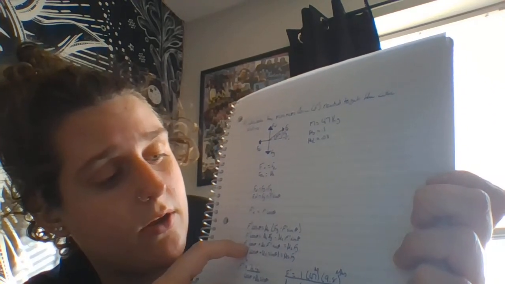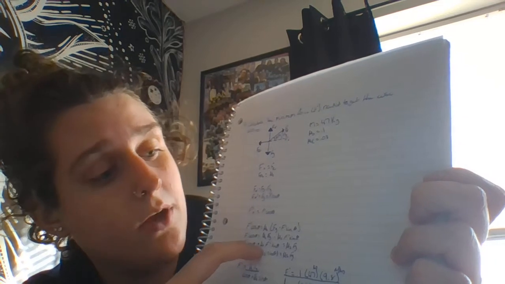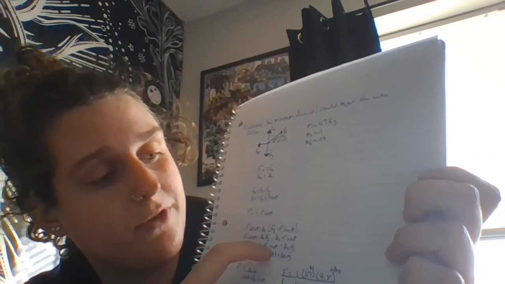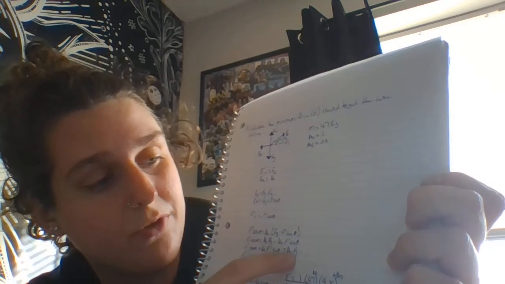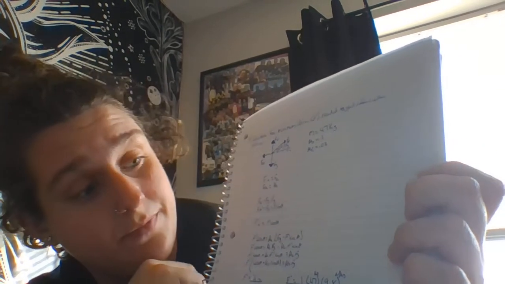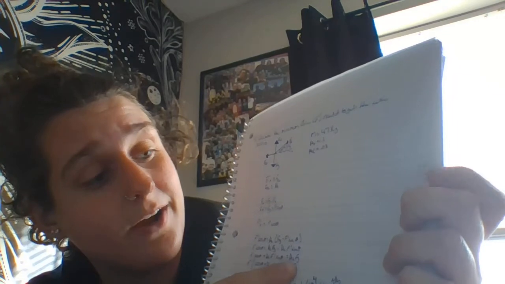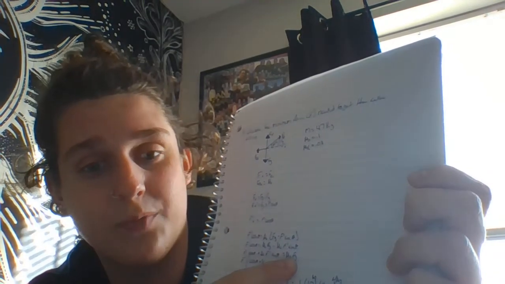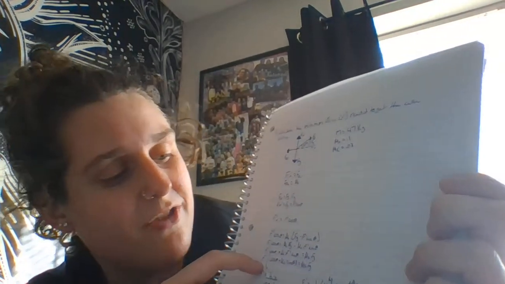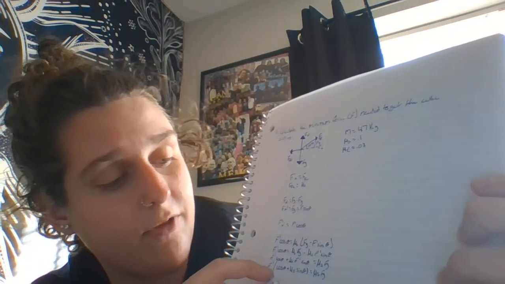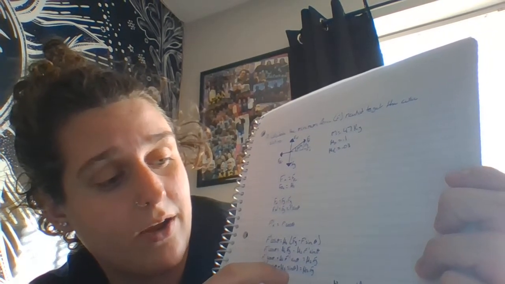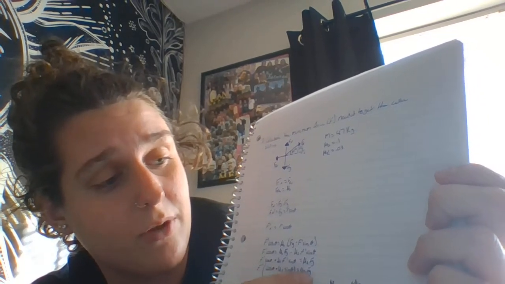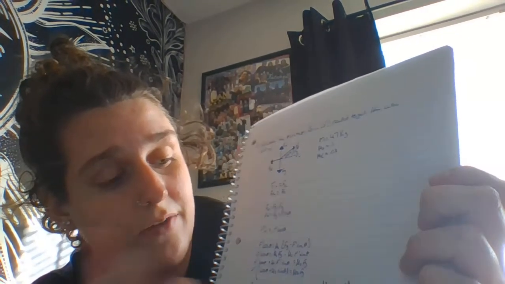So you're going to get F prime cosine of theta plus mu sub S F prime sine of theta equals mu sub S times force of gravity. Then we're going to pull out the F prime, and we get F prime times the quantity of cosine of theta plus mu sub S sine of theta equals mu sub S times force of gravity.